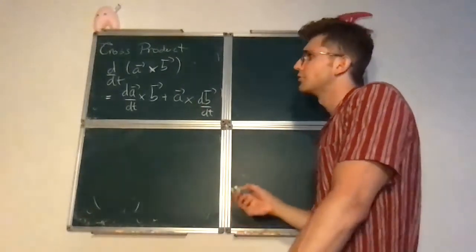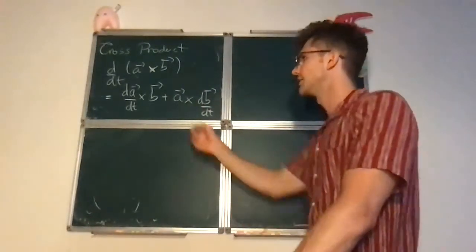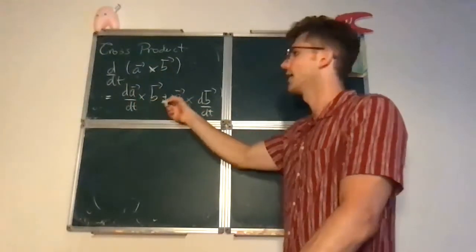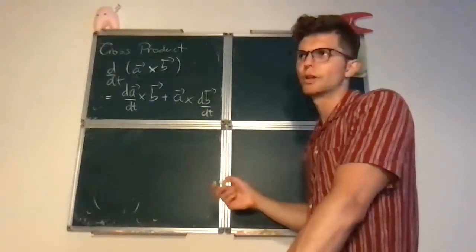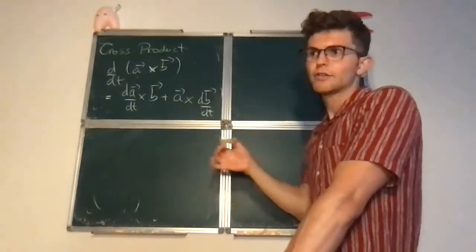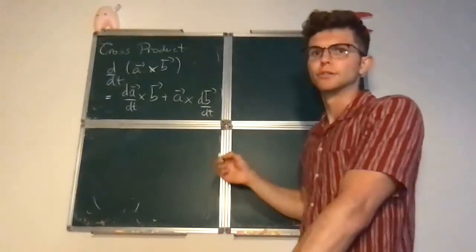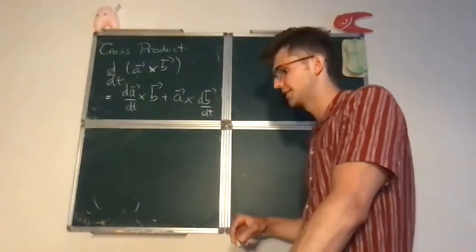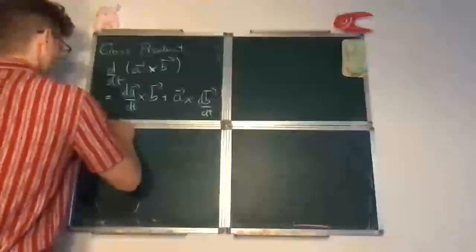The only thing that you do need to be a bit more careful about here is that if this is A and then B, you have to put A and then B, A and then B, because you cannot flip them around. Remember that A cross B is not the same as B cross A, so you have to preserve the order in which they appear, otherwise they would give you the wrong answer.